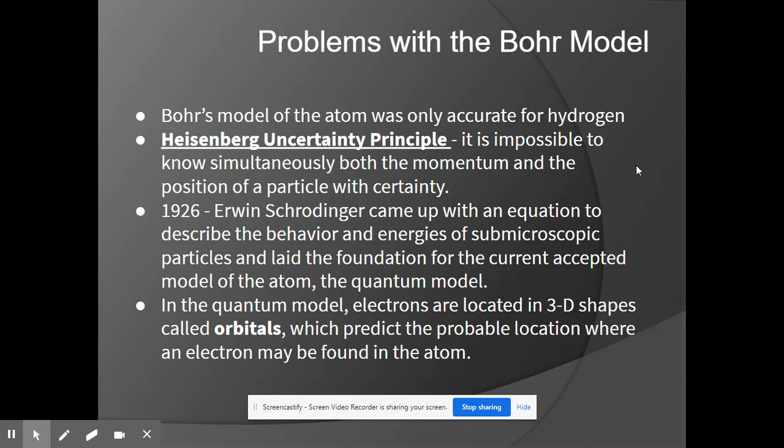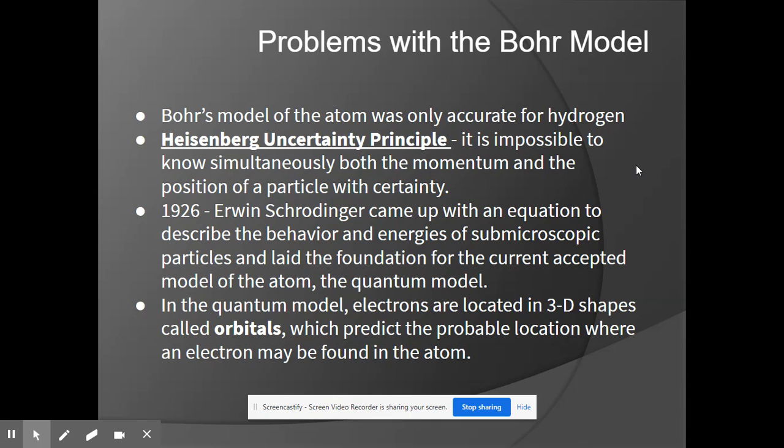So in 1926, a man named Erwin Schrödinger, who was a mathematician, used some advanced mathematics to instead describe the position of electrons as a 3D area where it is most likely going to be. So we can't really say the electron is going to be here.